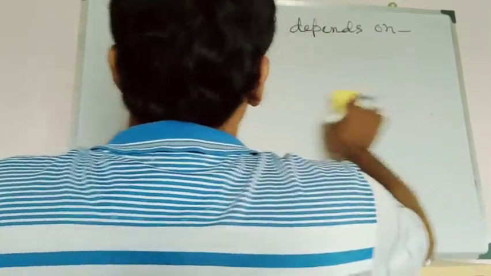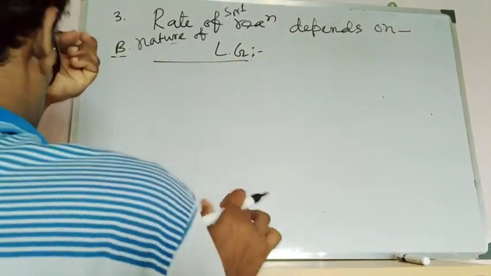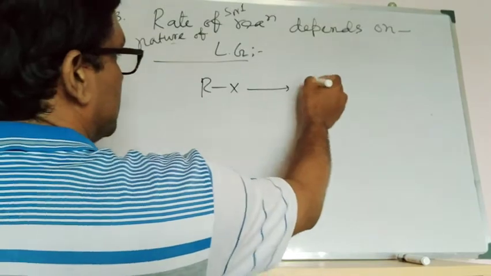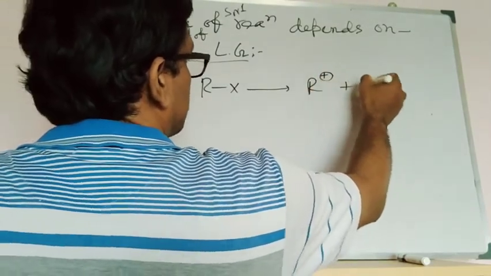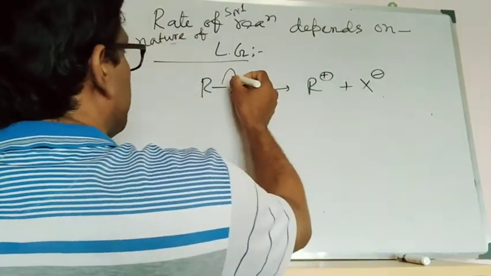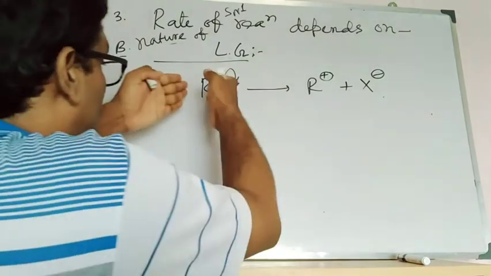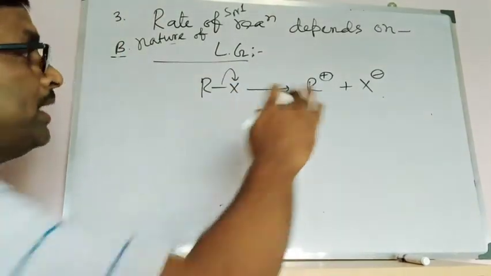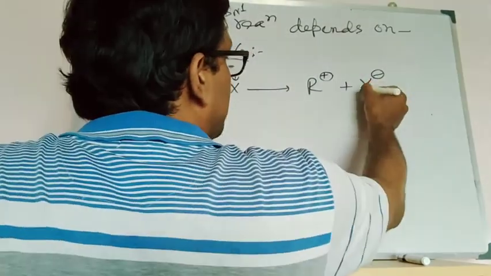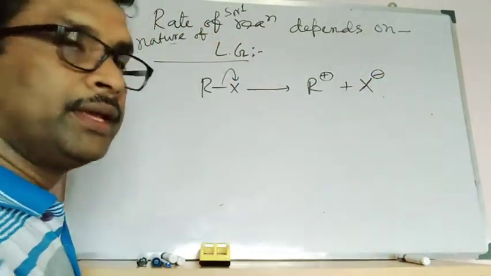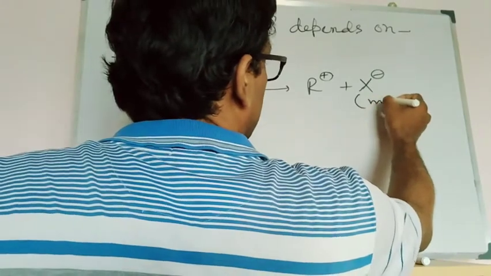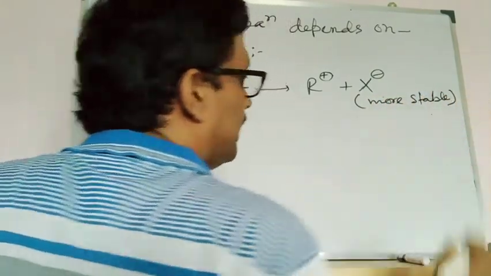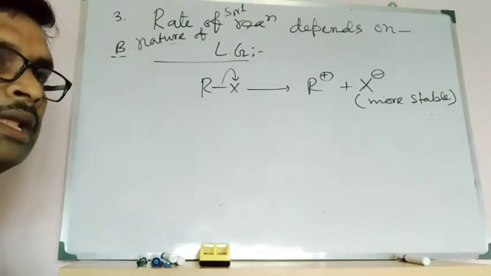Now the leaving group. If we look at this reaction, RX gives R plus plus X minus. When all the R are the same, now X is different. So when will this reaction be faster? When, after leaving, X is more stable. Yes or no? If it is more stable, then it leaves easily.